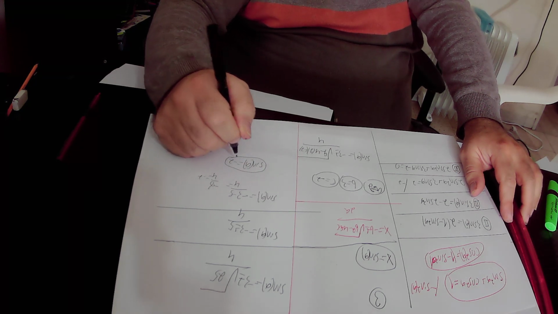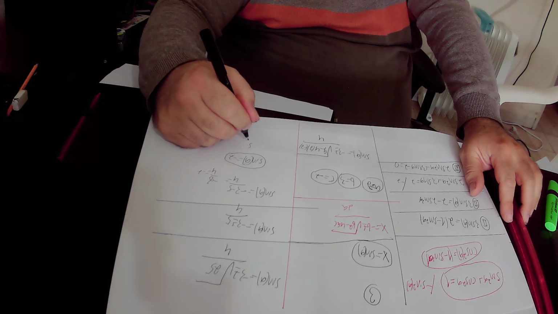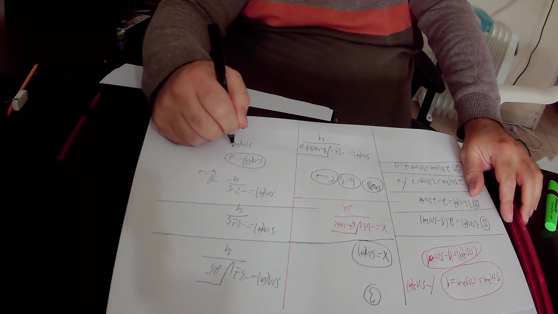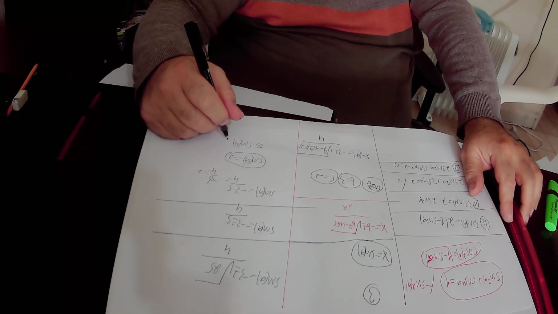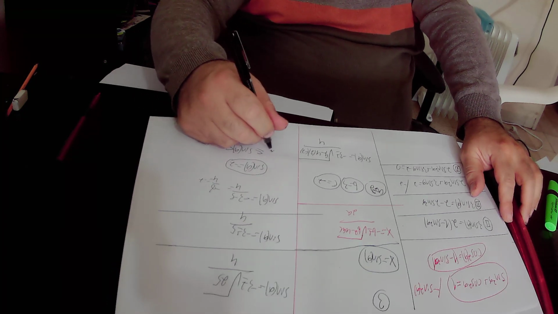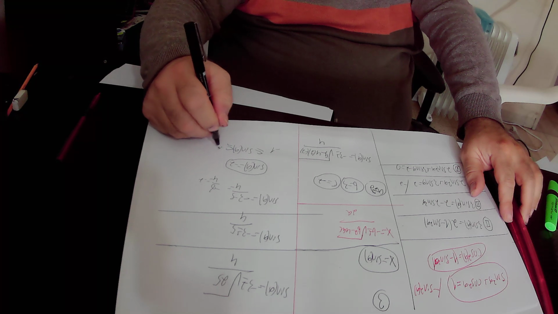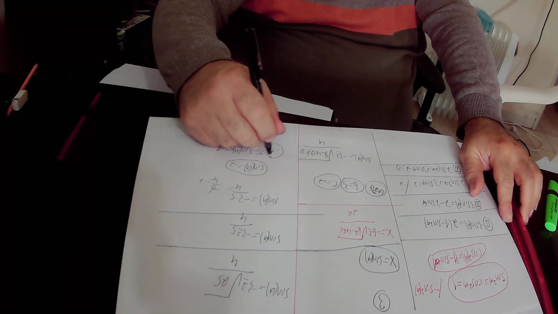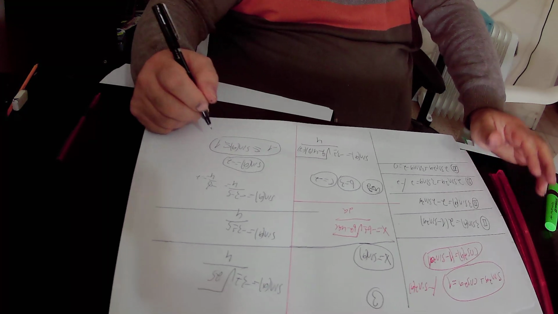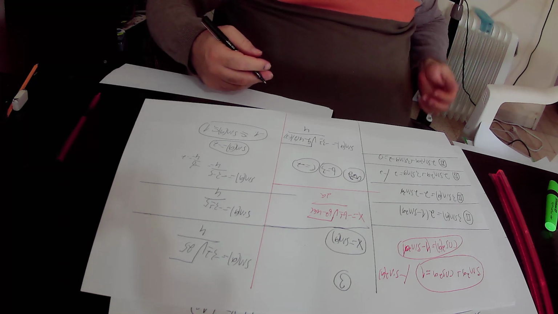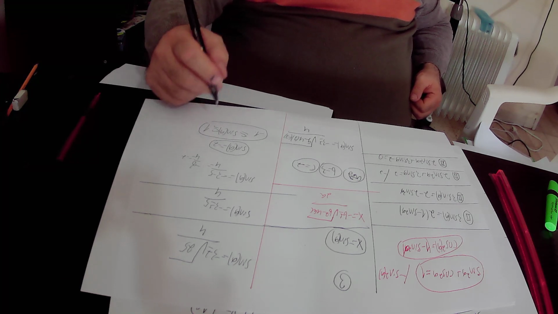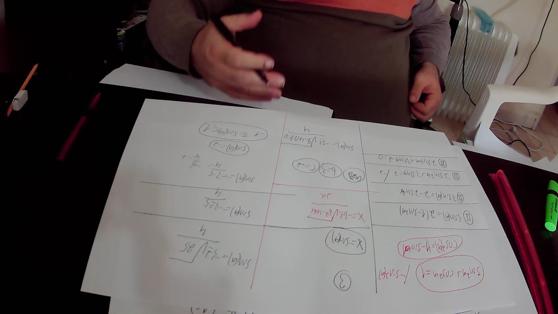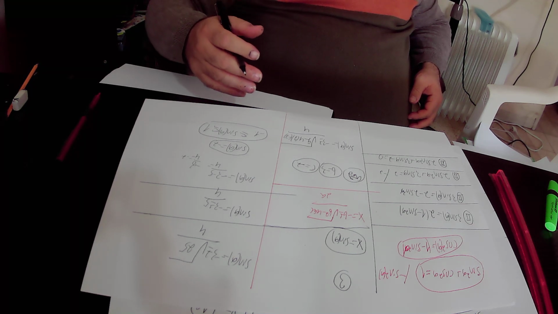But because the function sine alpha can accept values ranging from minus 1 to plus 1, and minus 2 exceeds this range of values, this solution is incorrect. In other words, sine alpha can never be equal to minus 2.